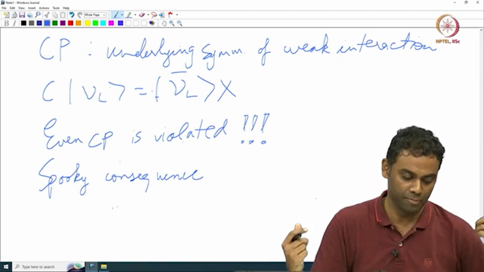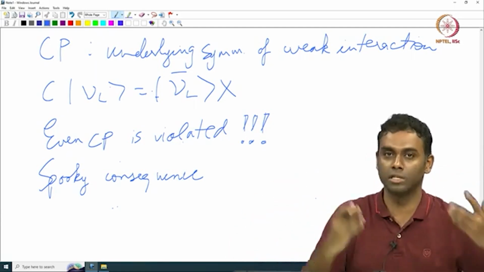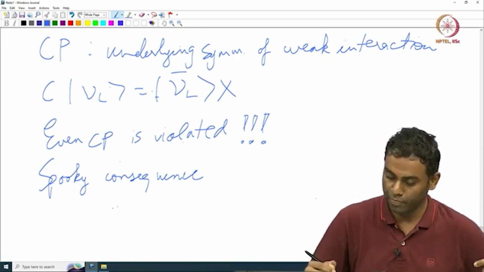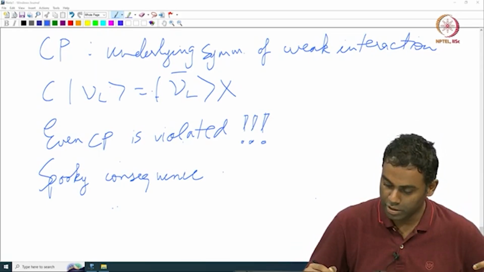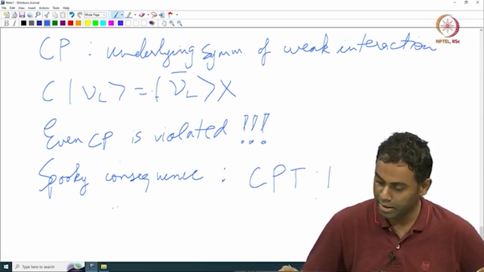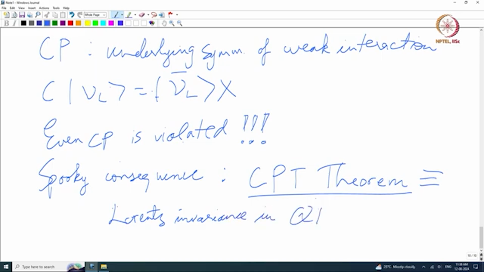At least there should be Lorentz invariance, and the way Lorentz invariance shows itself up in quantum field theory and particle physics is through something called the CPT theorem. I am just going to write that it is equivalent to Lorentz invariance in the context of quantum field theories.